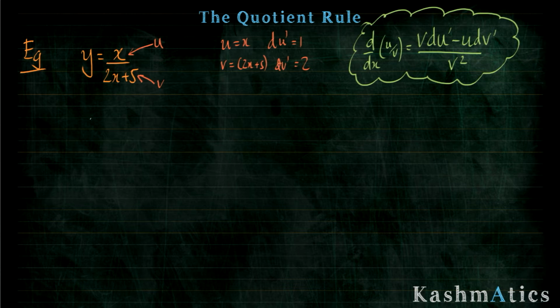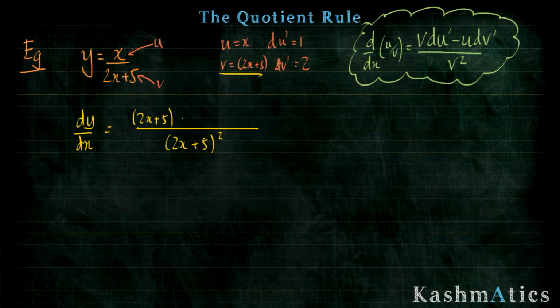So therefore, dy by dx equals, and I tend to just draw my line for my fraction first. v squared on the bottom, so that would be 2x plus 5 all squared. Then I write the v on the top first, comparing everything with what I've got over here: 2x plus 5 multiplied by du, which is 1.